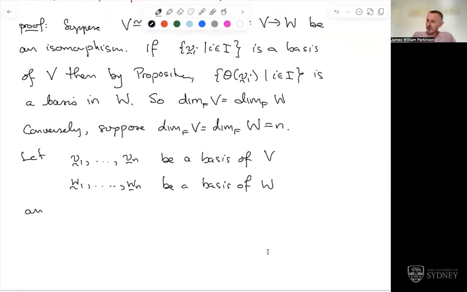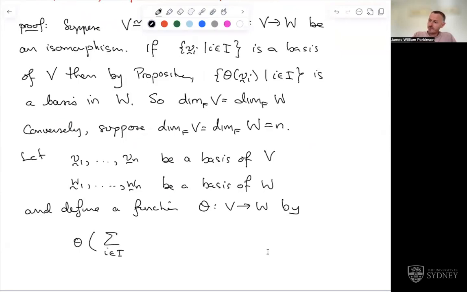And define a function theta from V to W by, so a generic element of V looks like the sum, i equals 1 to n, and by definition I'll define theta of such an element to be this one here.